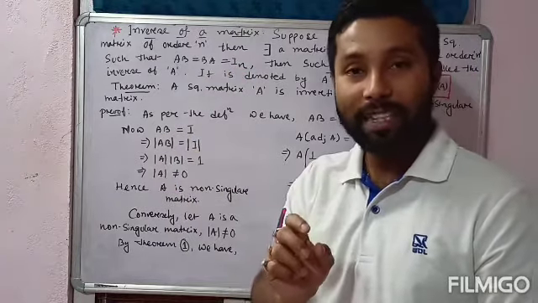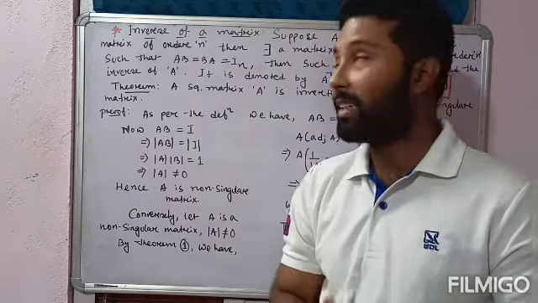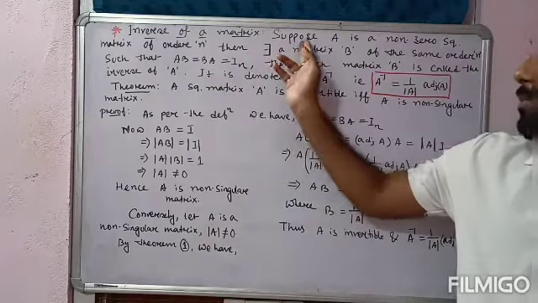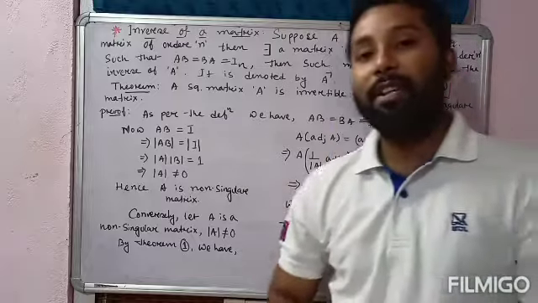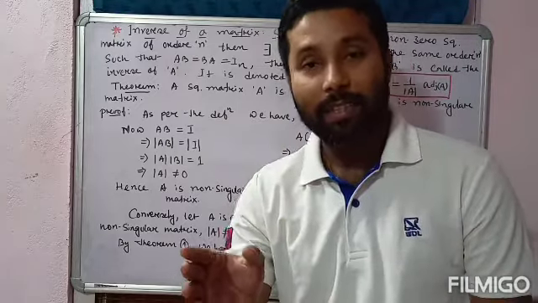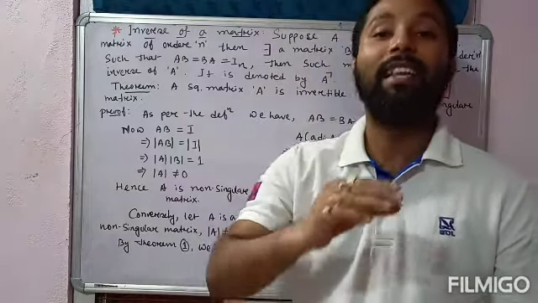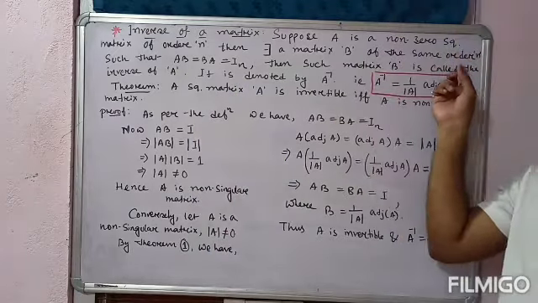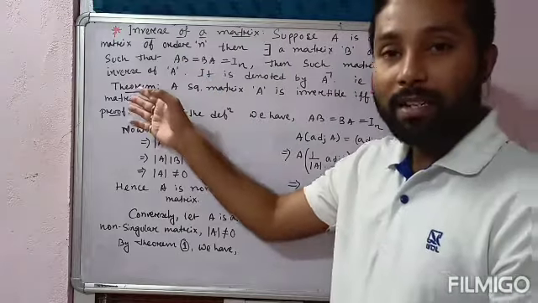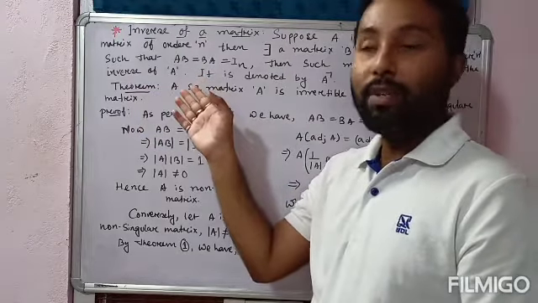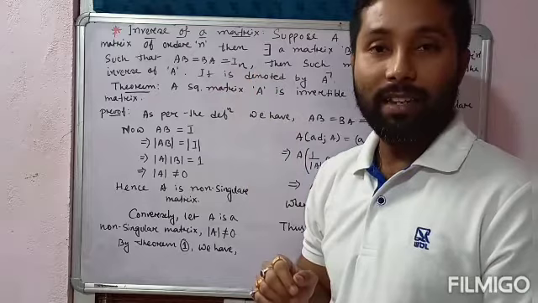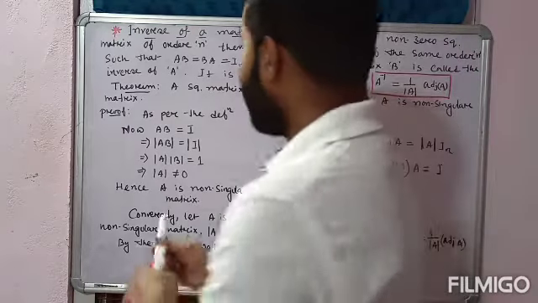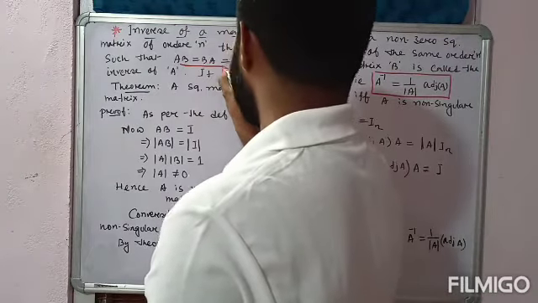Once again I am repeating the definition. Listen carefully. Suppose A is a non-zero square matrix of order n, then there exists another matrix B of the same order n such that AB is equal to BA, which is equal to IN.